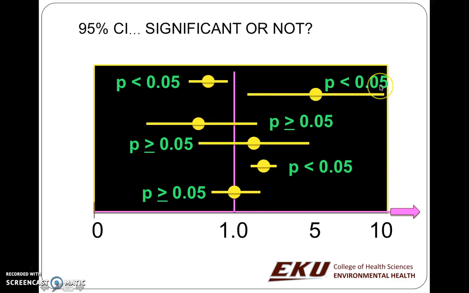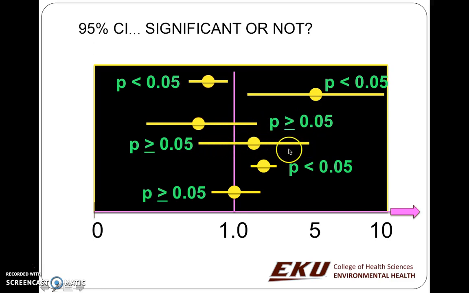There's a less than 5% chance of error in our statement that this is harmful. Here, it's not significant, so the p-value is greater than or equal to 5%. So if we said that that was protective, like the estimate, there would be a greater than 5% chance that we were wrong. So we would say that that's not statistically significant because p is greater than 0.05.